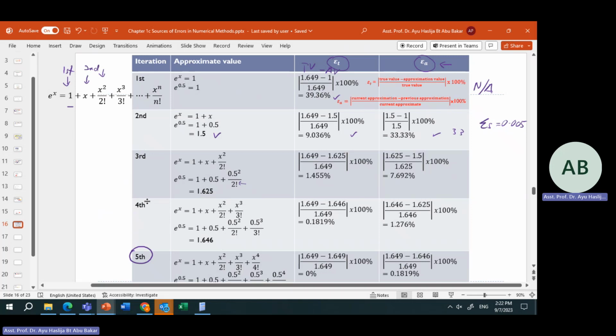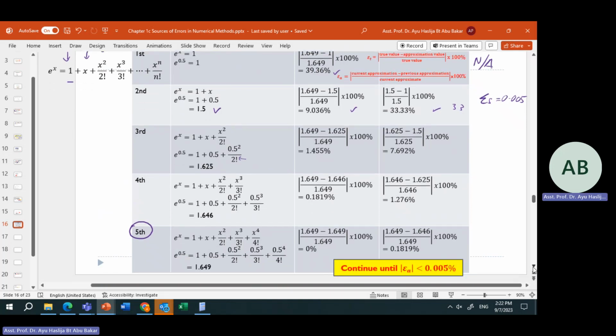Okay, continuing to the next iteration, 4th and 5th iteration, until you get the EA lesser than 0.005. Try to calculate until what iteration that you get EA lesser than 0.005.